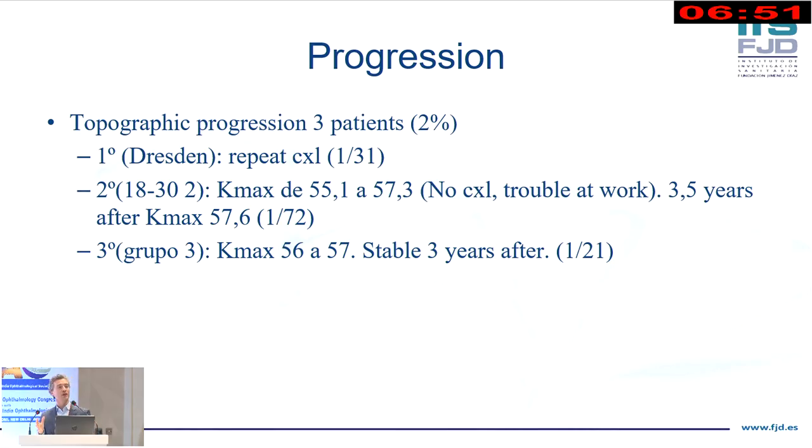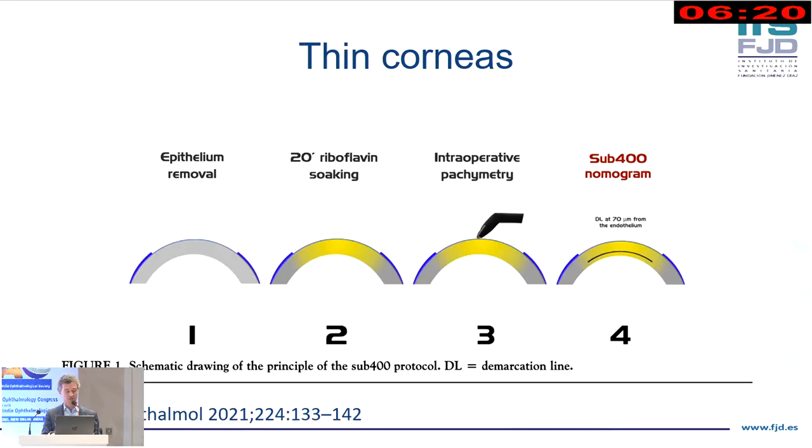They wouldn't allow him to lose days at work, but we found that 3.5 years after, there is no further progression. It stabilized about 1 year after the cross-linking, even though during that year it was progressing. And in the third group, we had a change of 1 diopter in the Kmax in 1 patient, and we decided not to cross-link, and the patient remained stable 3 years after.